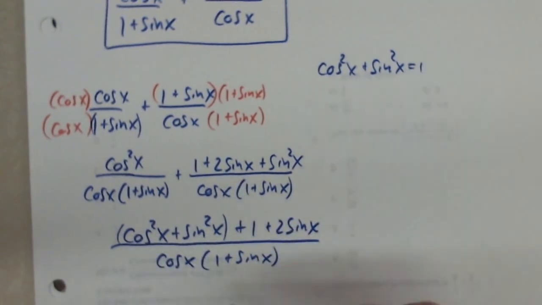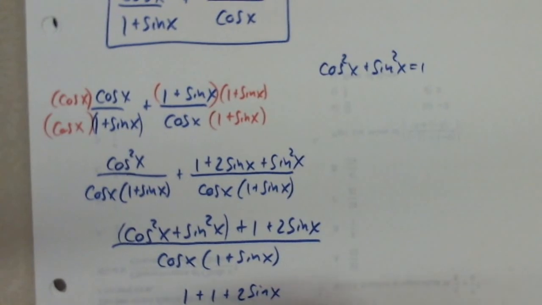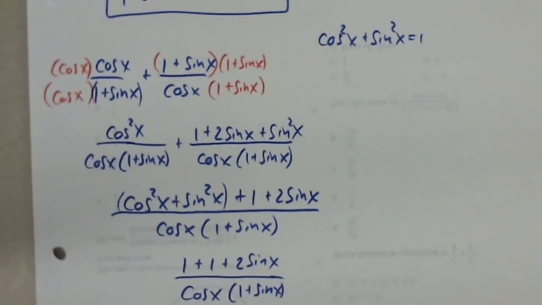This is equal to 1. So now we have 1 plus 1 plus 2 sine, and that's going to be 2 plus 2 sine.